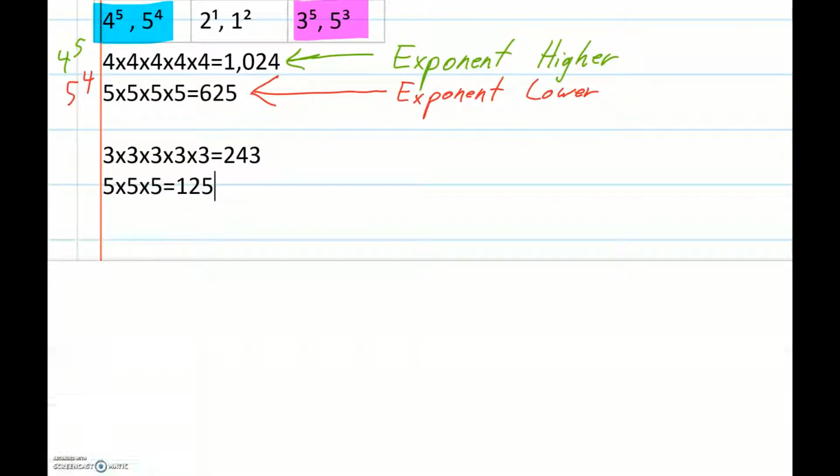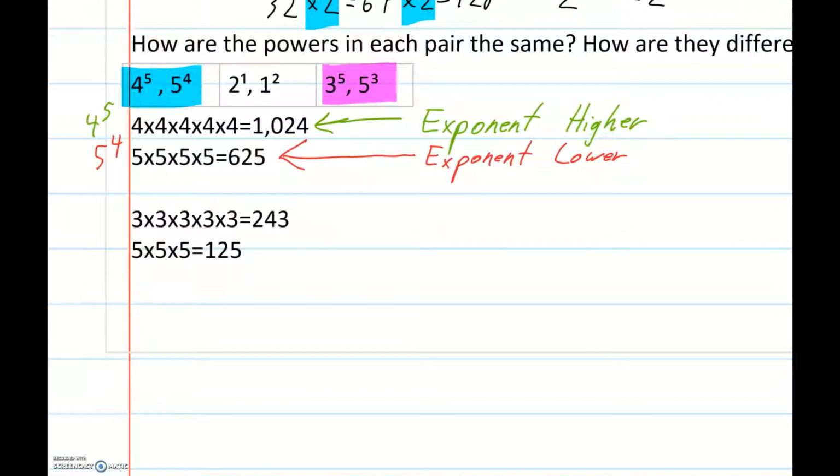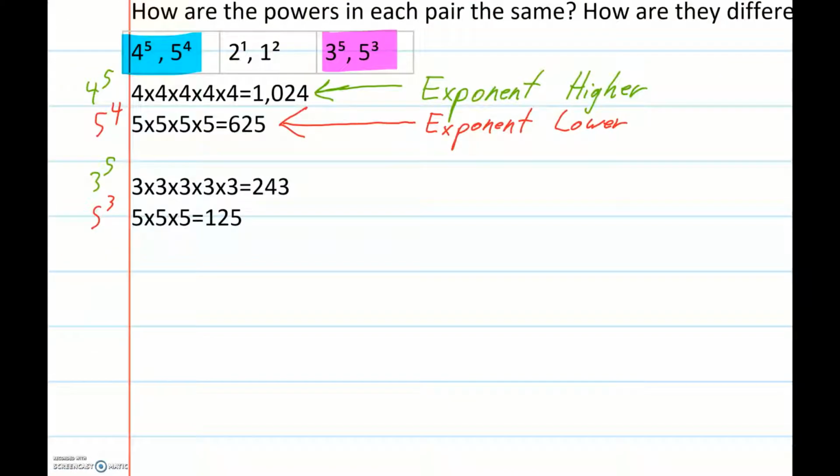Yes, so our number with a higher value, let's say this is 3 to the 5, higher exponent has a higher value. Okay, so this one has, and this one here is 5 to the 3. So we're at 5 to the 3 there.